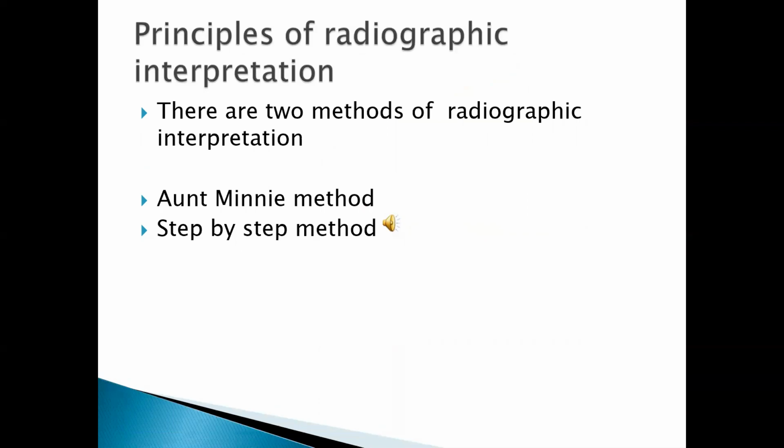One, you match the radiographic image with an image that is there in your memory when you have seen a picture in the textbook or on a PowerPoint presentation, and then arrive at a diagnosis. The second method, you go step by step, seeing each landmark and each effect of the pathology on the radiograph, and then come to a diagnosis. So these are the two methods. We will study about these two methods one by one.